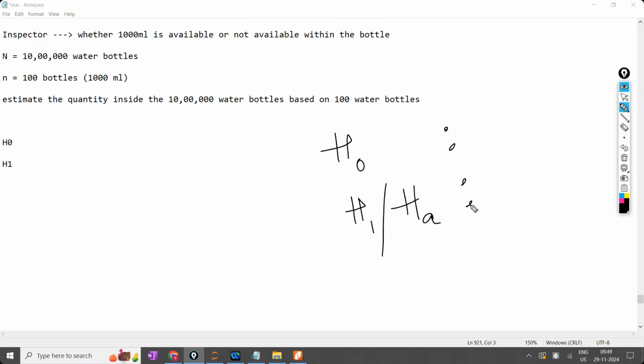This is the alternate hypothesis. Now question one: how to formulate the null and alternate hypothesis? Very simple. You are going to formulate them based on the population, based on the given example.